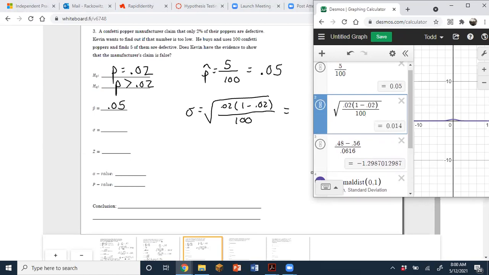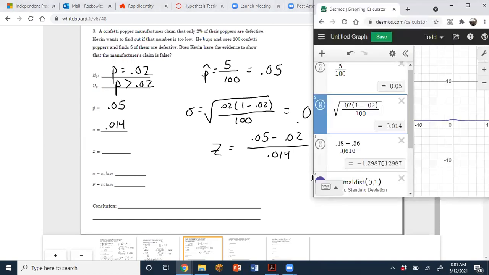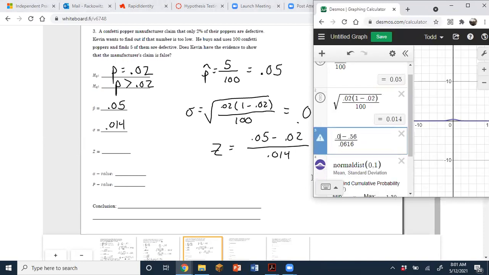That's 0.014. So then your z-score is p hat minus p divided by the standard deviation. 0.05 minus 0.02, divided by 0.014, is 2.14.